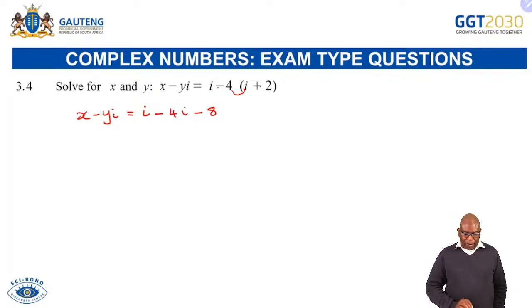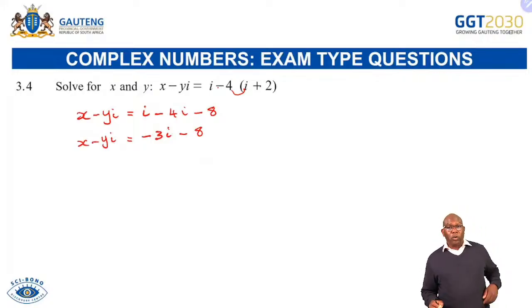Then I'm going to get negative 3i and then minus 8. So that's x minus yi.